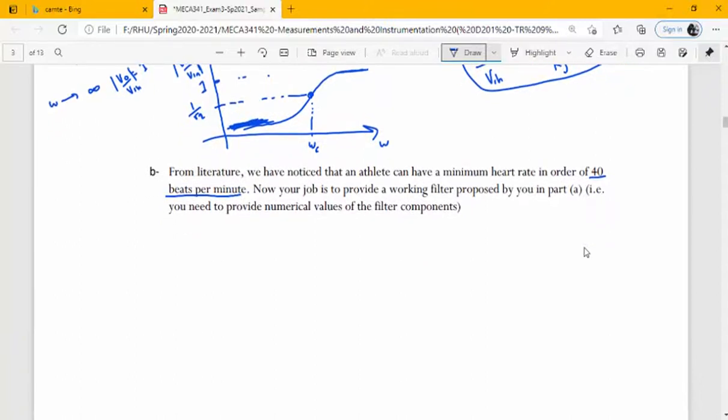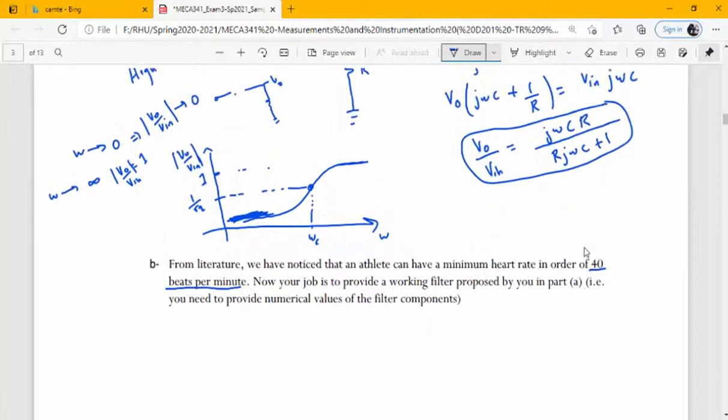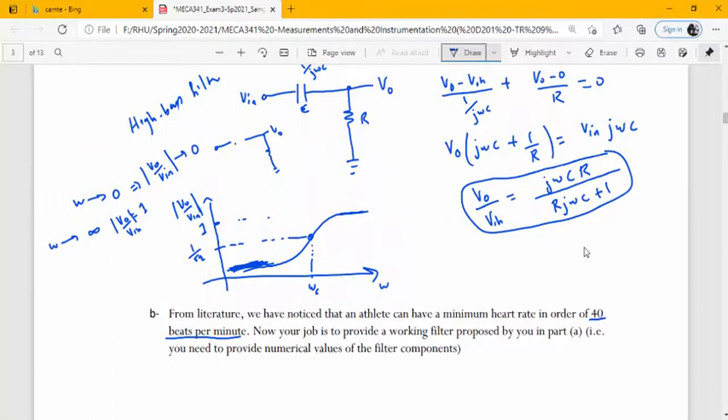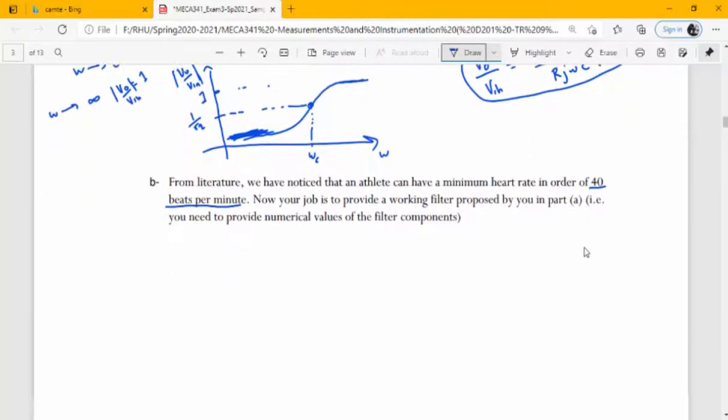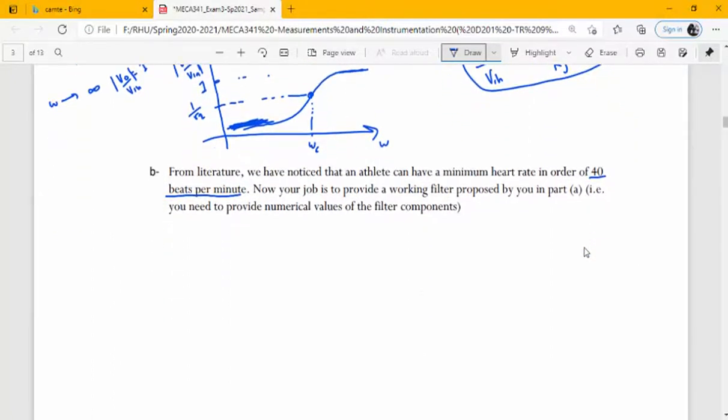Now our job is to determine the actual values of those components, the capacitance and the resistance. So we are given the cutoff frequency, right? The cutoff frequency must be less than a minimum of 40.